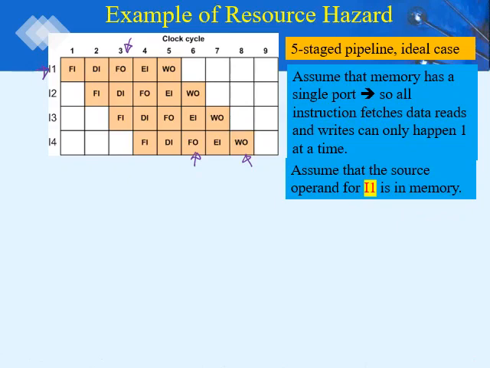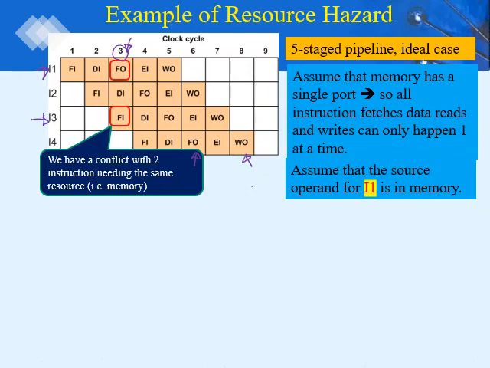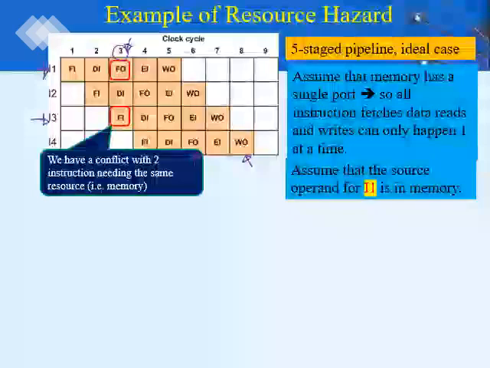Not register, not cache. So at clock cycle 3, you see that I1 is using memory for fetch operand, and I3 at time 3 is also wanting to use the memory because it is supposed to fetch the instruction from the memory. So we have a conflict here. I1 and I3 are trying to access the memory, one to fetch operand, another one to fetch instruction.